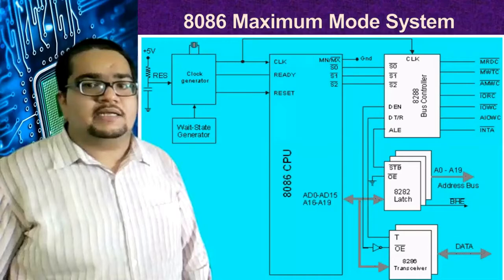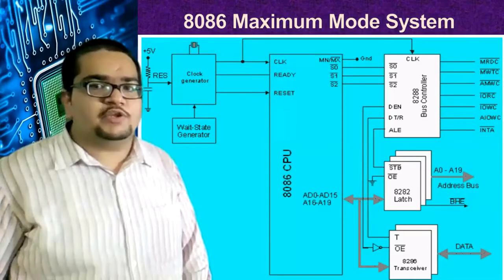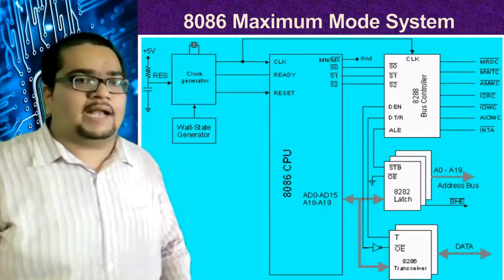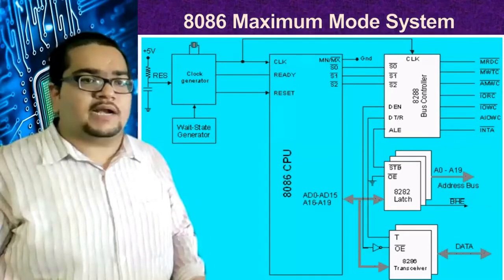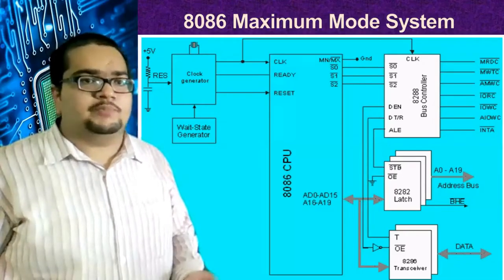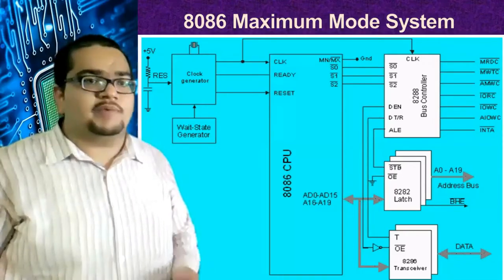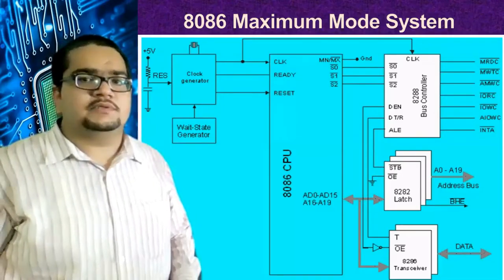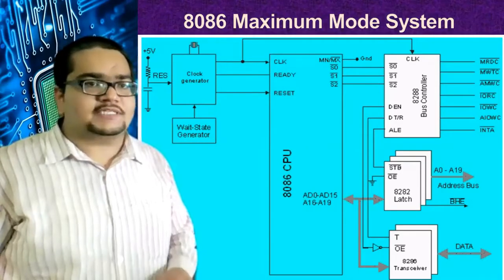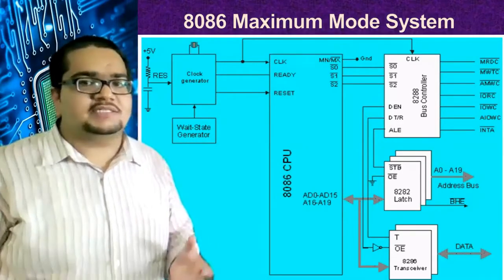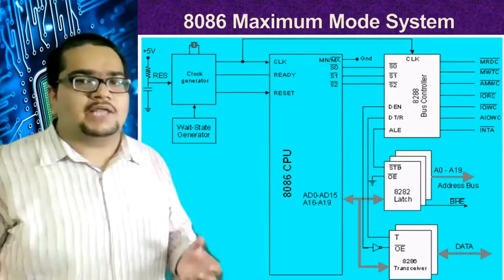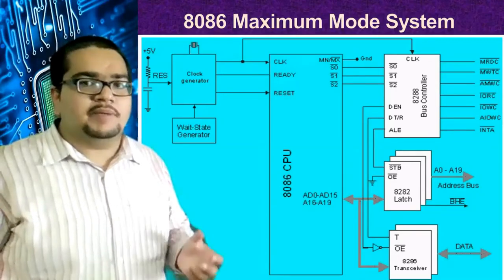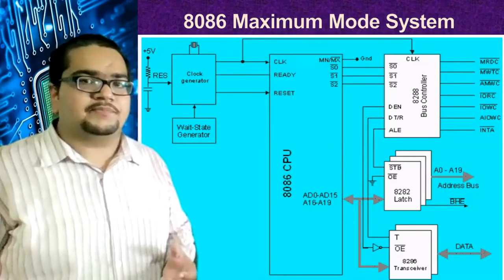Next is AIOWC. Wherever you find A, one more will be there, AMWC. They are advanced IO write command and advanced memory write command. Others are IO write command, IO read command, memory write command, and memory read command; here C stands not for cycle but for command.